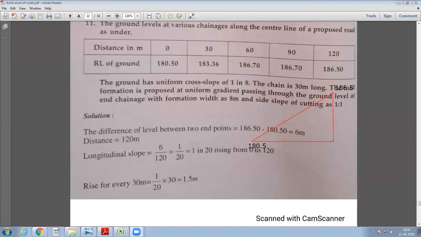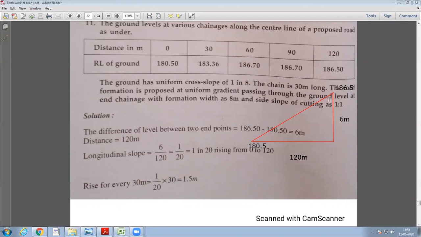If you plot a graph like this, at the first chainage point, there is an RL of 180.5, that is at the 0th point. At 120-meter distance, there is an RL of 186.5. The difference in ground level would be 6 meter and the distance would be 120 meter.